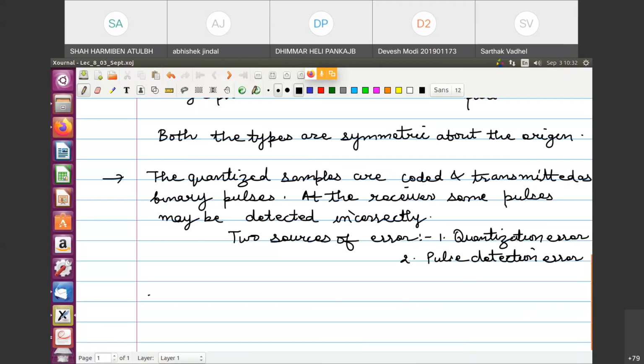In most cases, the pulse detection error, let us say this is PDE, is quite small compared to the quantization error.